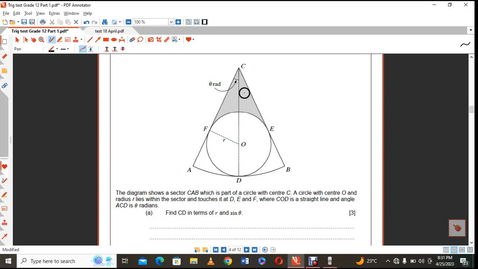The center is C. So that means that CB equals CD, which equals AC, because they are all radii of a circle with center C. Then they're saying a circle with center O, and a radius r, lies within the sector and touches it at D, E, and F.